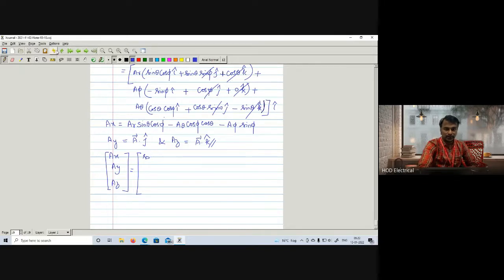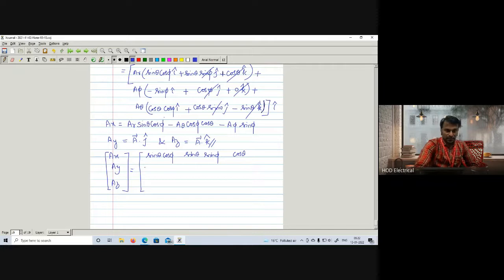When you do this, for the ax, ay, az components, we can have sin theta cos phi, sin theta sin phi and cos theta.